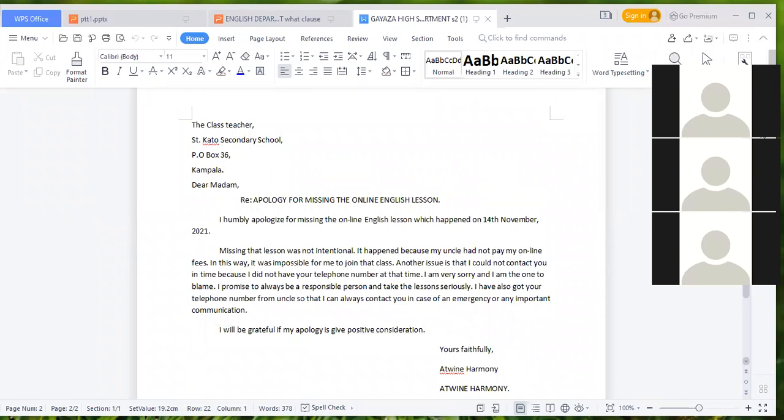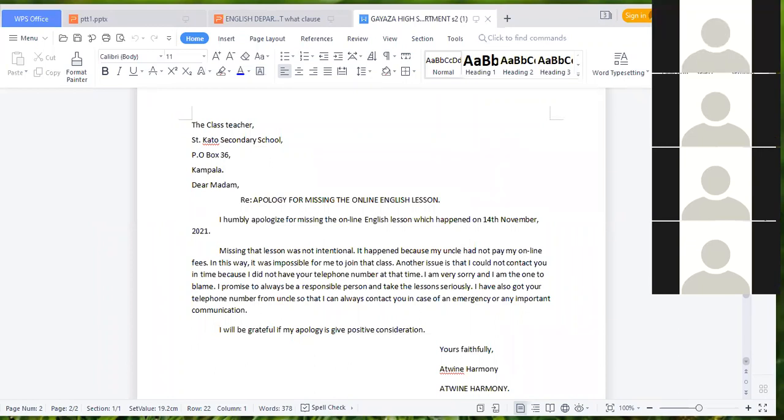When electricity went and they forgot to charge the phone the previous night and then there was a blackout, so you can't attend the lesson or call the teacher. Electricity problems because my phone wasn't charged. So in that way, I could not attend the online lessons and at the same time call you to inform you about that problem or that issue.